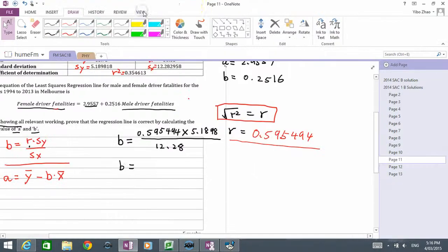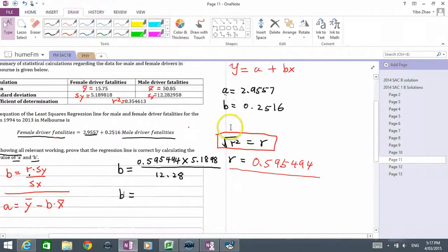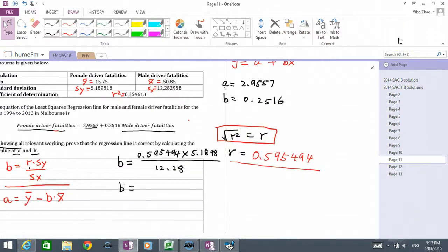So my b value is 0.2517, or 0.2516, so it's practically exactly the same as the b value here. So 0.2516. I showed that I can find the b value by hand using those data here.